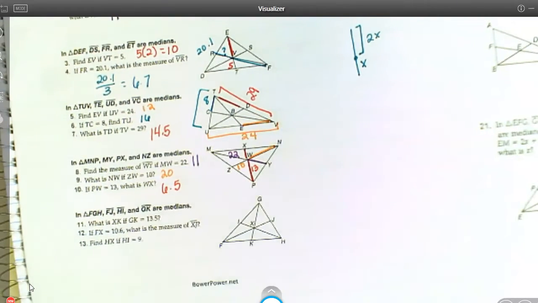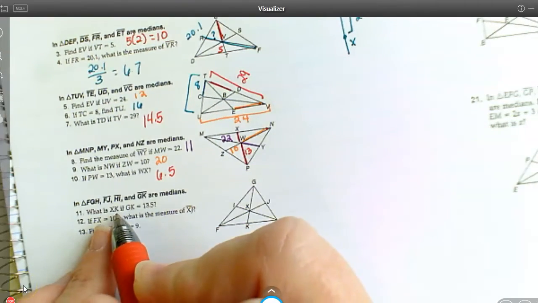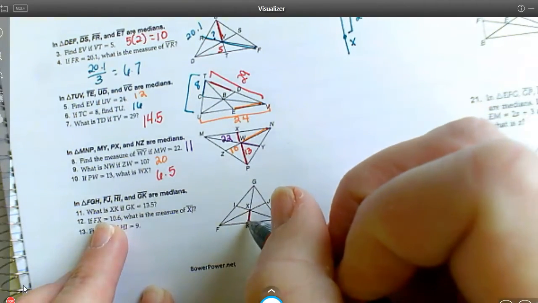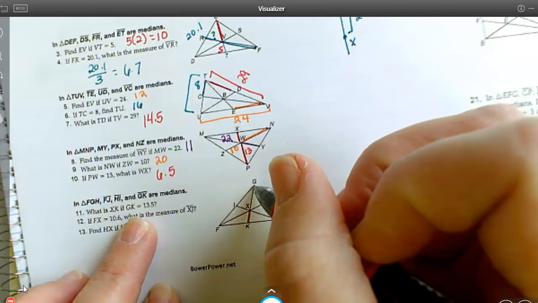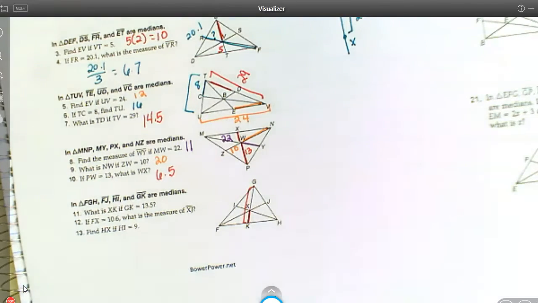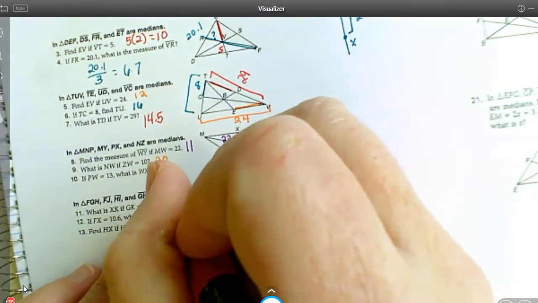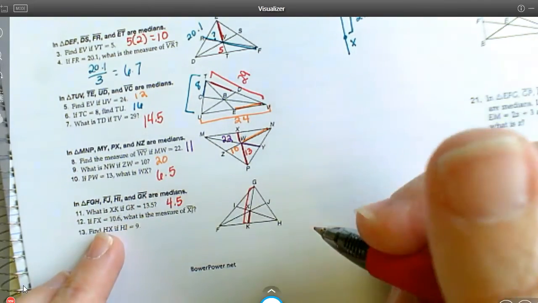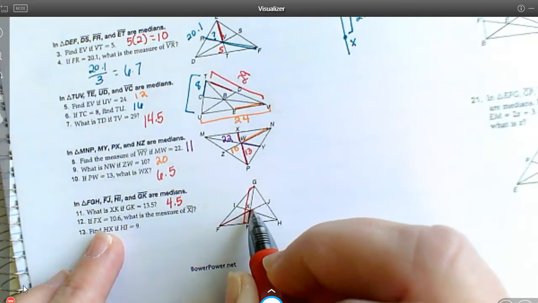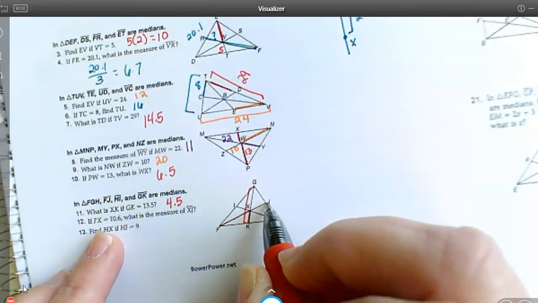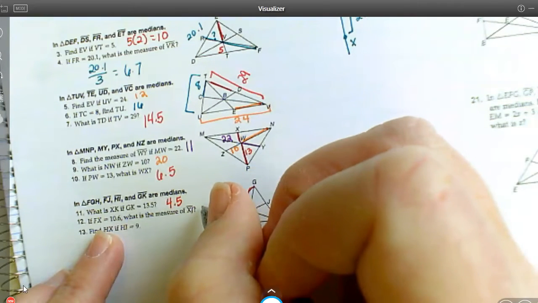Okay, try 11, 12, and 13. Alright, what is XK if GK, the whole thing, is 13.5? So what do we have to do there? Divide by 3 and you get 4.5. Good. FX is 10.6. What's the measure of XJ? What'd you do?